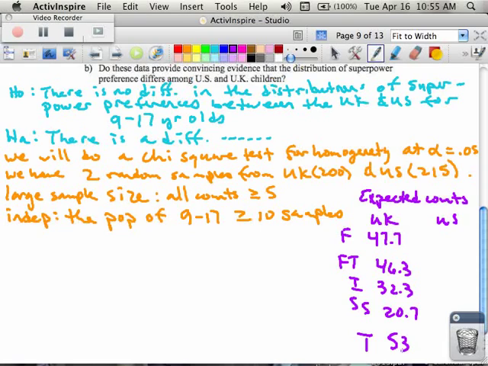And then for the US, I had 51.3, I think 40, I think 49.7.